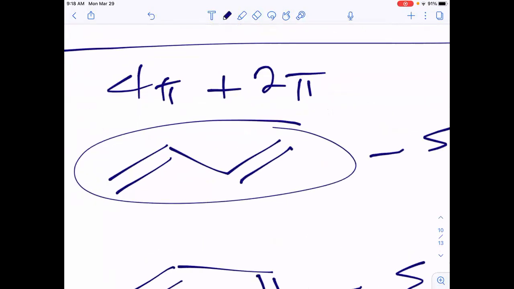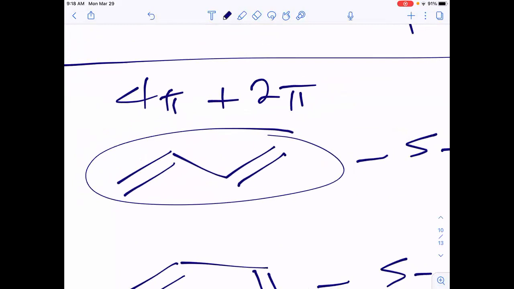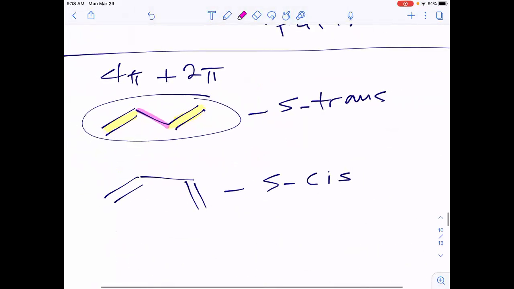If you look at the 2 alkenes, since it's conjugated, they're separated by this sigma bond. S-trans means that both alkenes are on different sides of that sigma bond.